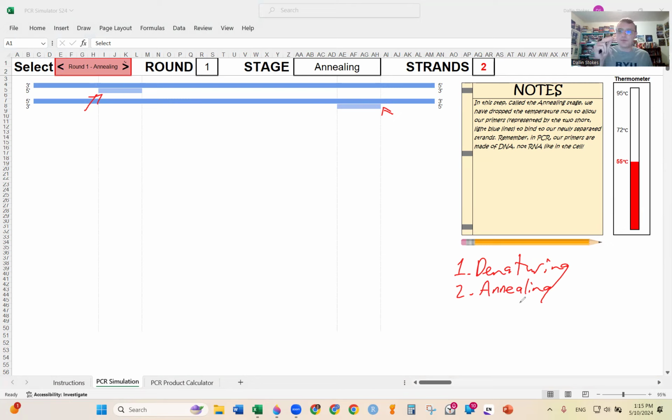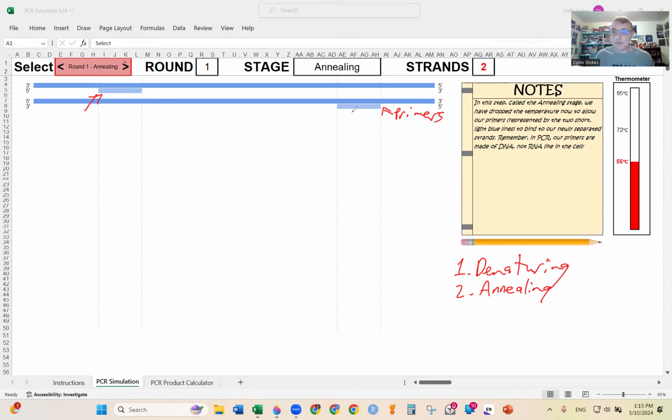So the annealing step is when you cool it down to 55 degrees Celsius so that the primers that are just floating around in the tube can come and stick to the spots that they're complementary to. So that's what these two shorter blue bars represent. These are our primers right here.